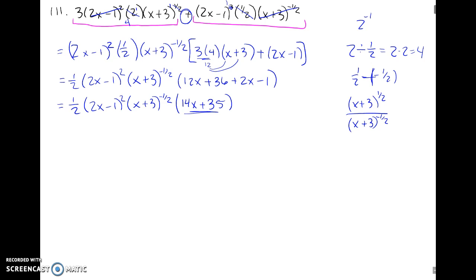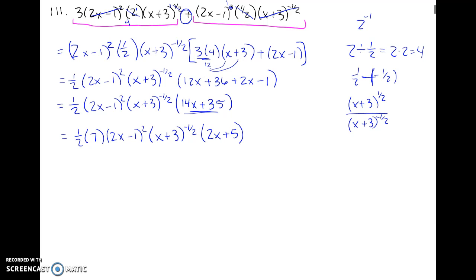Those both have a 7 in them, so we need to pull that out as well. So I have 1/2 times 7 times 2x minus 1 squared times x plus 3 to the negative 1/2 times, and if I pulled out a 7, this is a 2x, and this is a 5. Okay, so this is completely factored. We don't have any more common factors.